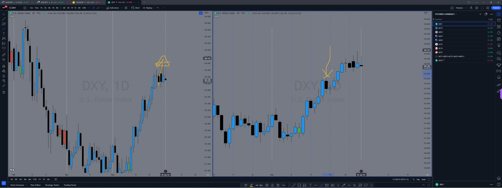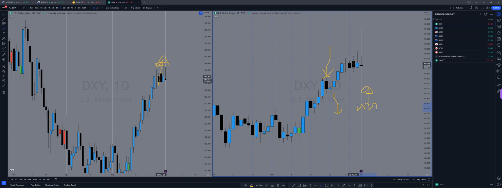So if Dixie is going up and one of the seven is not going down, it doesn't necessarily have to go up with the dollar index, but sometimes it will just consolidate. Okay, that's all you need.